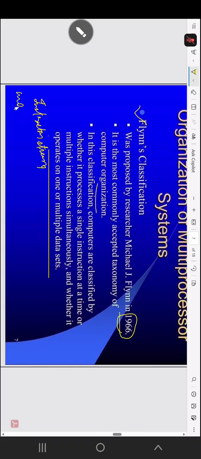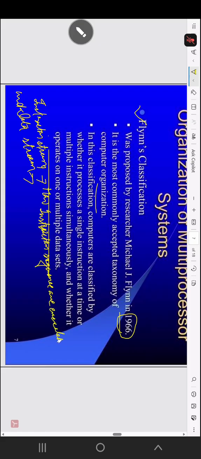Instruction stream means how many instruction sequences are executed at once.